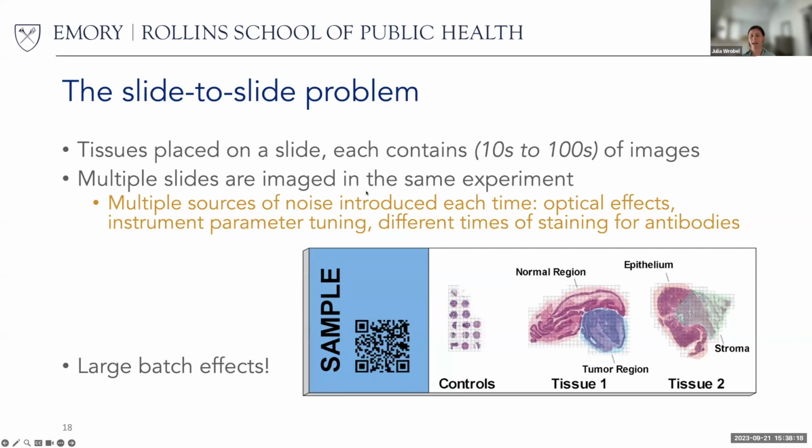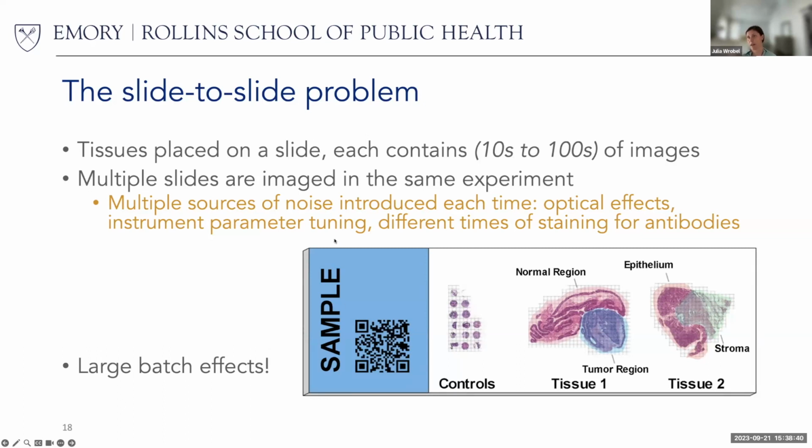You can imagine these slides aren't all necessarily imaged on the same day. They might be stained with antibodies at different times. There might be different tuning parameters for the machine that it's imaged on. All of these introduce technical artifacts in the data that can mask biological effects, which we refer to as slide effects or batch effects.